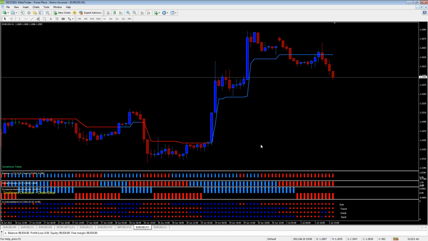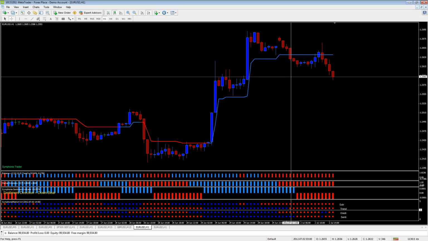As for the lower indicator, the lower indicator is like a summary in one indicator of the four indicators: the trend line, the extreme line, the emotion, and the sentiment. The only difference is that the trend line is a little bit different.